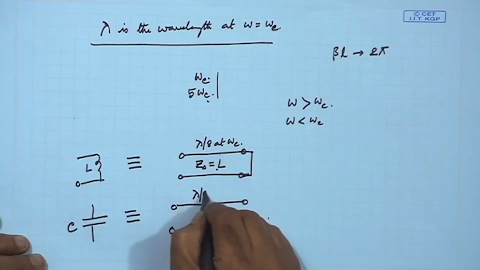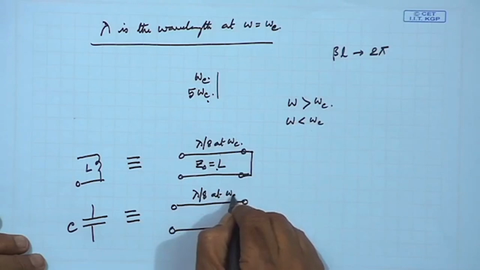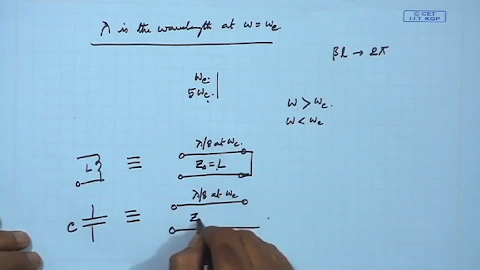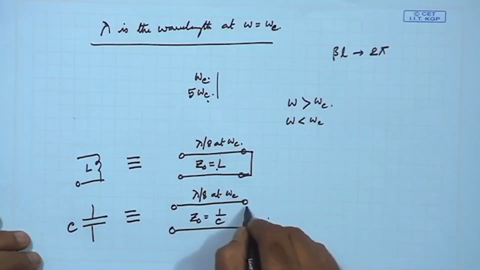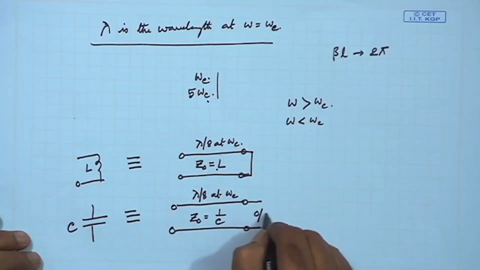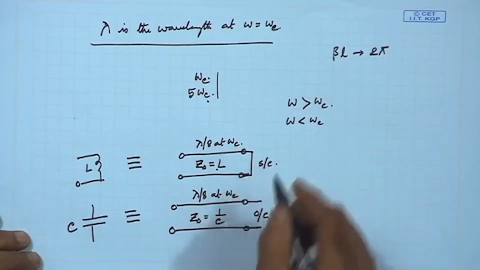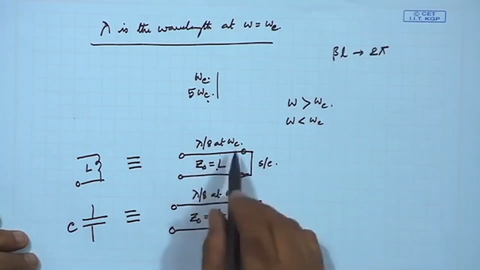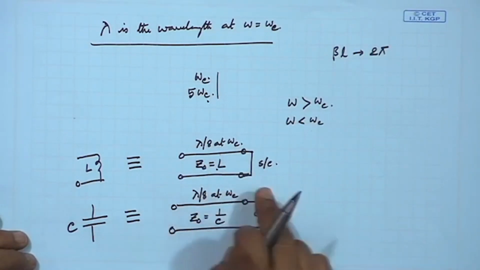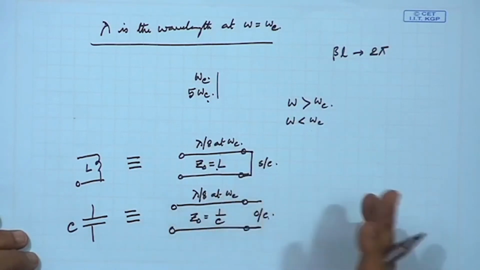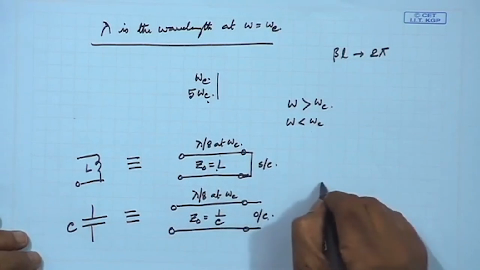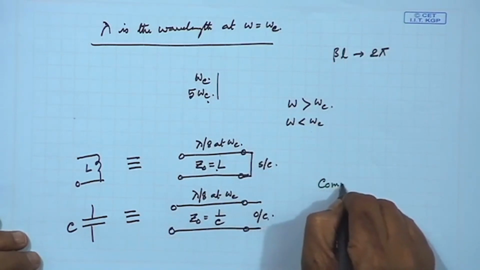That is the beauty: all L and C will be of the same length, but what is the value of Z naught? This will be 1 by C, and you make this an open circuit, while the inductor stub is a short circuit. Now, since all the stubs are of the same length but of different variety, either short circuit or open circuit, these lines are called commensurate lines.